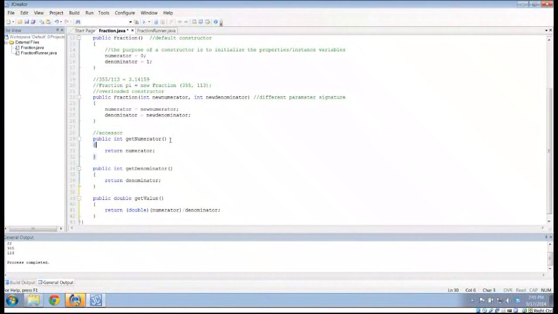So what I've got here is a method called getNumerator. So this accessor accesses the numerator. I've got an accessor called getDenominator.